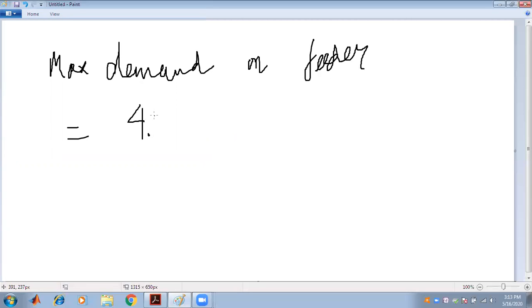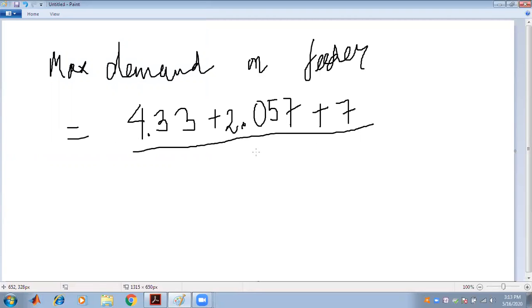So 4.33 plus 2.057 plus 7, divided by 1.3.